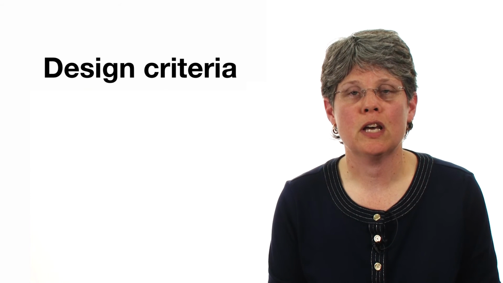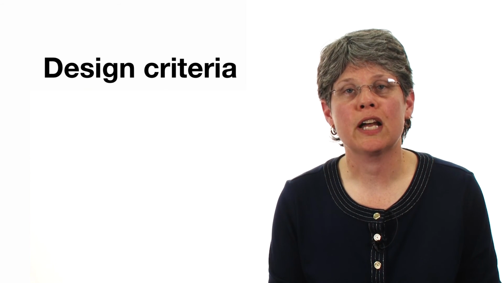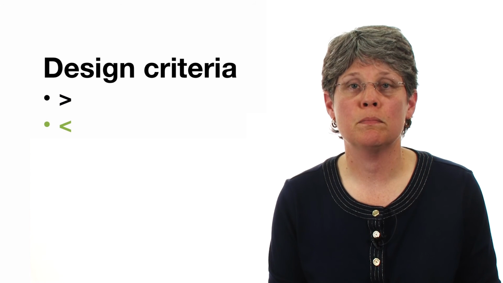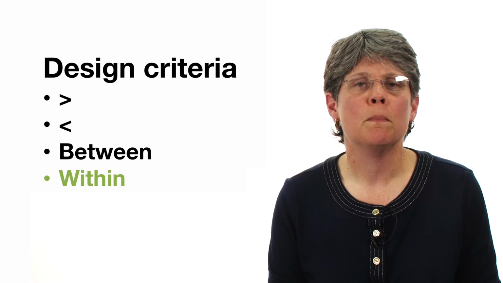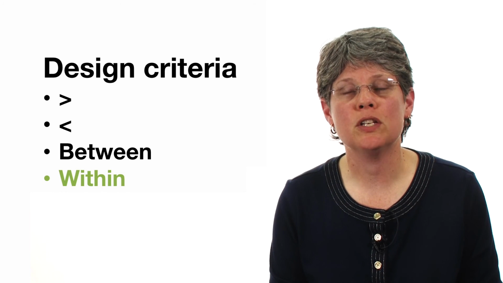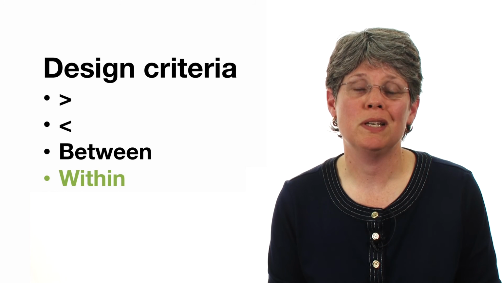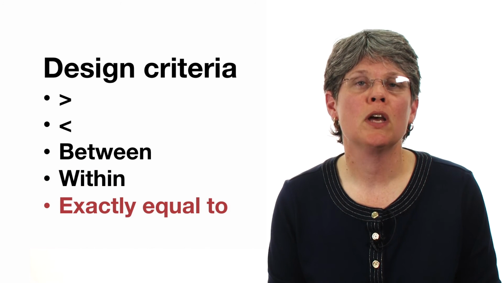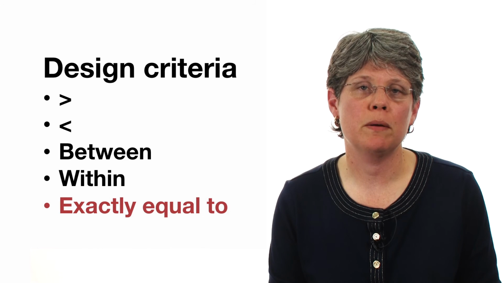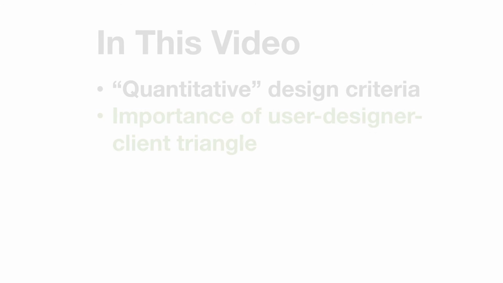When defining these design criteria, it's desirable, if you can, to select greater than, less than, between, or within, because this gives you, as the engineer, a little bit more flexibility in developing your device. When you set a design criteria to be exactly equal to a value, it really constrains the way you're able to design your device. Recall the user-designer-client triangle.